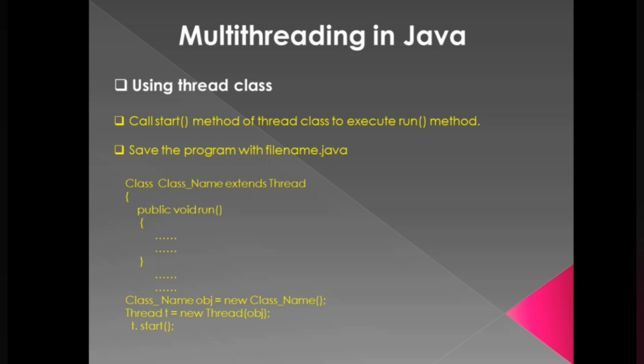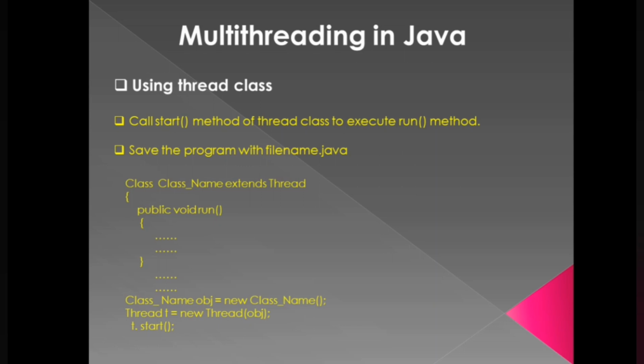And then call the start method of the Thread class to execute the run method. Next one we have save the program with a file name .java. So this is the example.